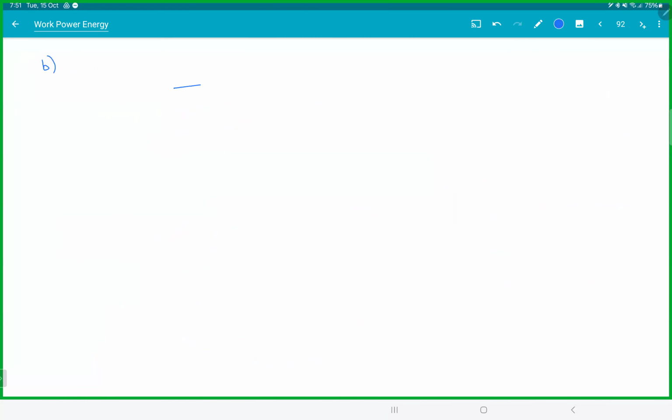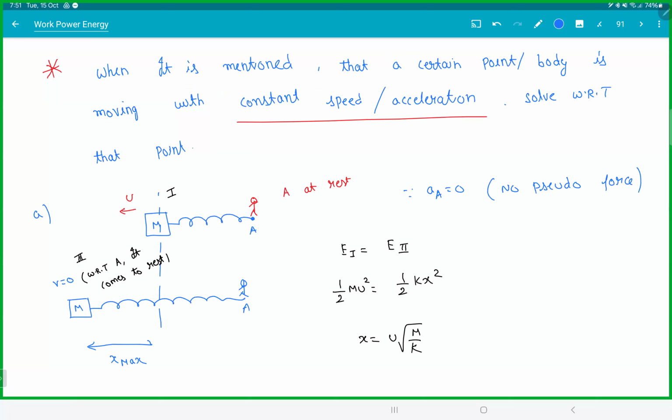So the second part, block M is there. This is A, you're going and standing here. This guy is a non-inertial frame. So at this moment, your velocity is zero. Initially at rest.